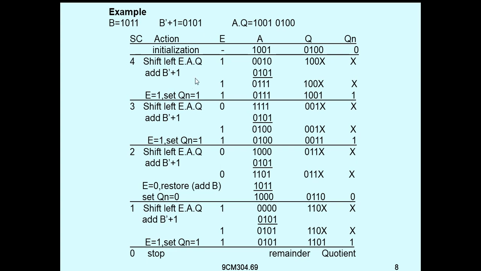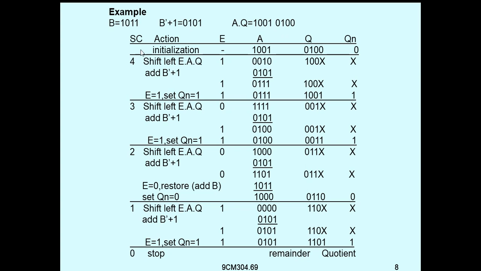And AQ is nothing but the dividend here. The divisor can be stored in the B register, and then the dividend can be placed in the AQ registers. The result of the division of the two numbers we will also place in the AQ registers. Initially the dividend is stored in the AQ registers.